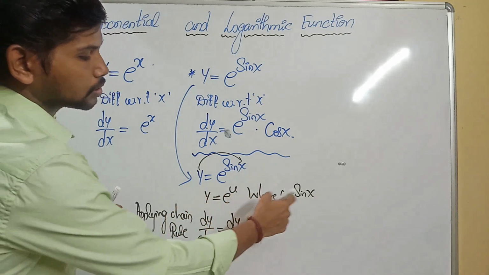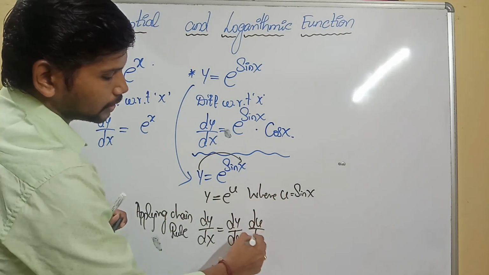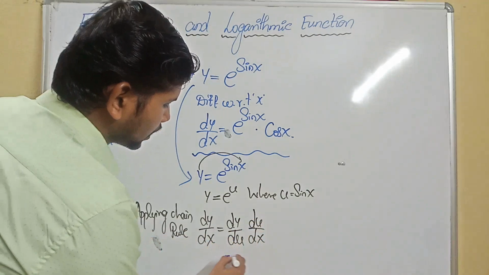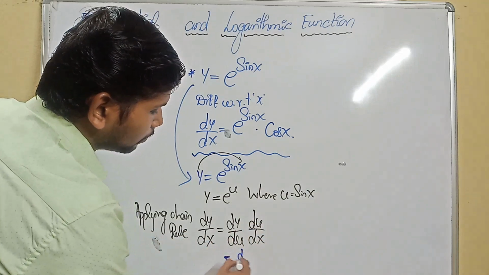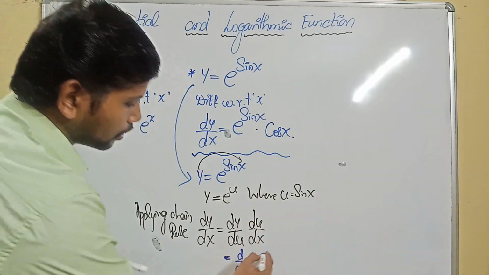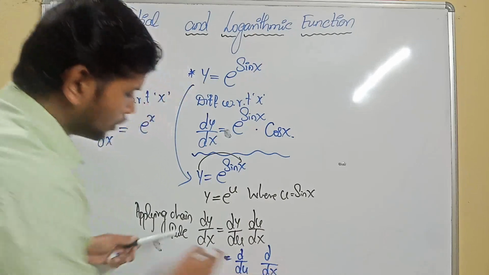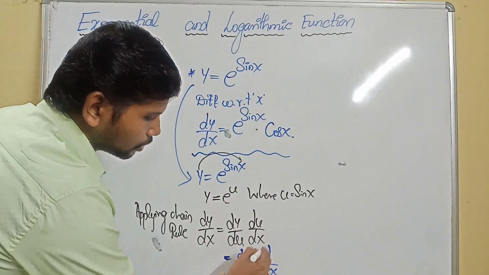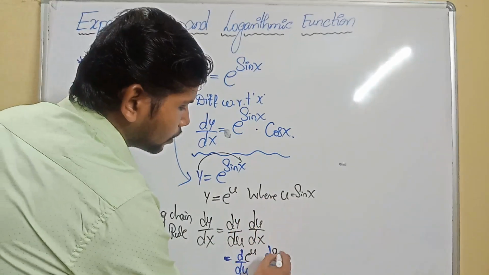After this, u is a function of x, du by dx. I think you understood the part. Then I'd like to write the term as d by du of, next to d by dx of. What is the y? Can you say? y is nothing but e to the power u. I'd like to write e to the power u. What is u? It is sine of x.